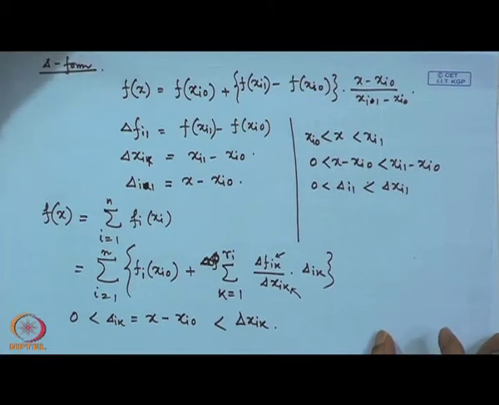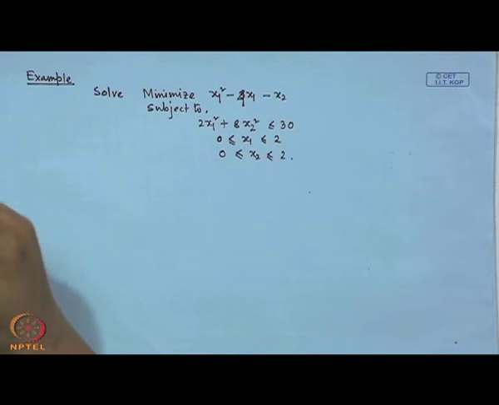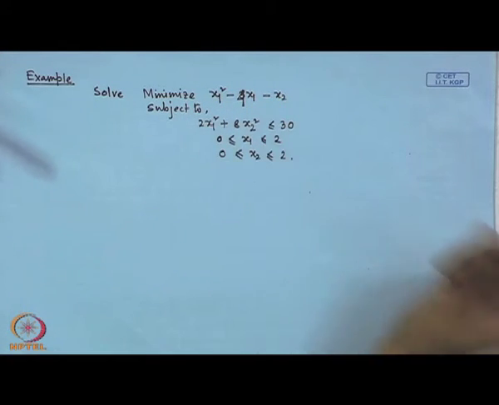Now, whatever theory we have, we will just apply it to a numerical example in the next part. Let me consider this numerical example, a function of two variables: minimize x1 square minus 4x1 minus x2, subject to the nonlinear constraint 2x1 square plus 8x2 square less than or equal to 30, and x1 and x2 are in between 0 to 2.